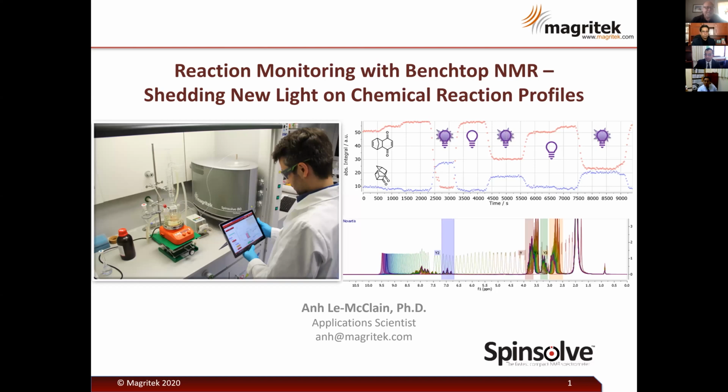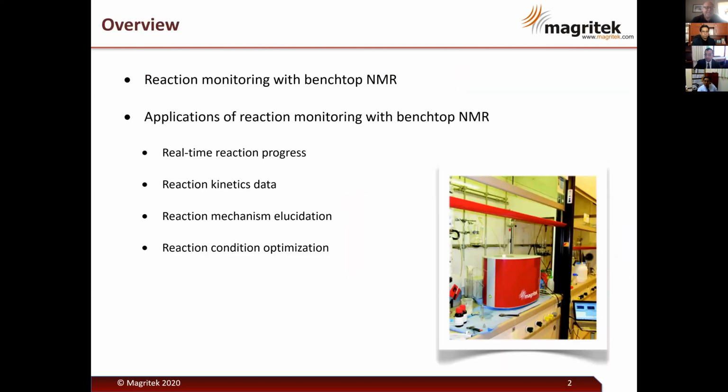So this is the overview of the presentation today. I will spend a couple minutes in the beginning to talk about why and how we can do reaction monitoring with NMR and benchtop NMR. And then the majority of the talk will be focused on different examples to demonstrate the application of reaction monitoring with benchtop NMR and what information about the chemical reaction profile we can obtain from this study.